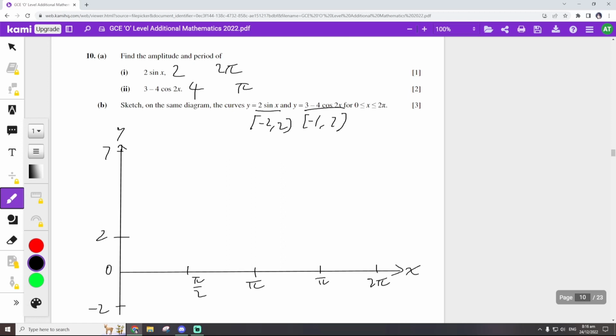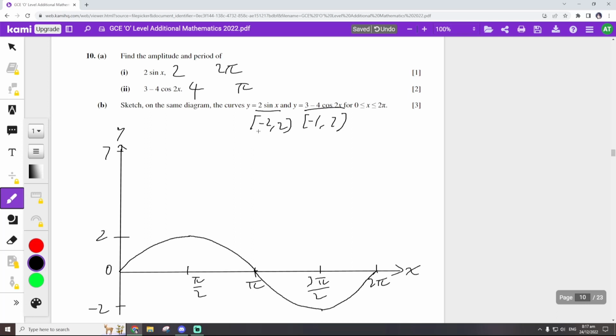This is pi, 3 pi over 2. So sine will have one single cycle, right? So go up to pi over 2, something like that. Comes back down to pi, comes back down here, and it goes back up to the top. Something like that.